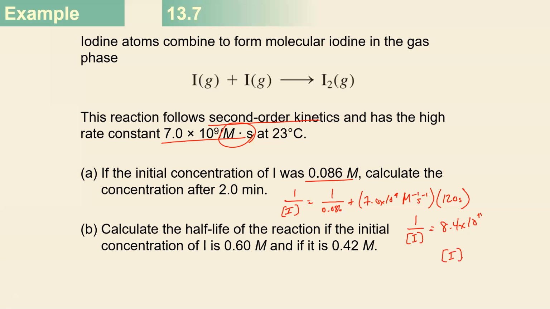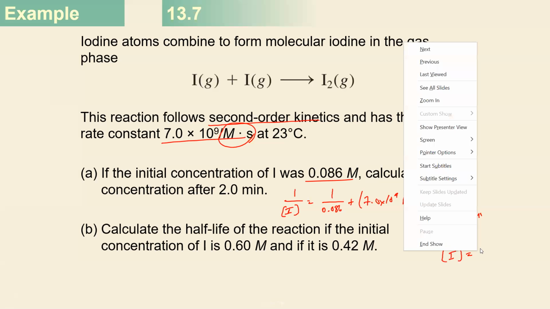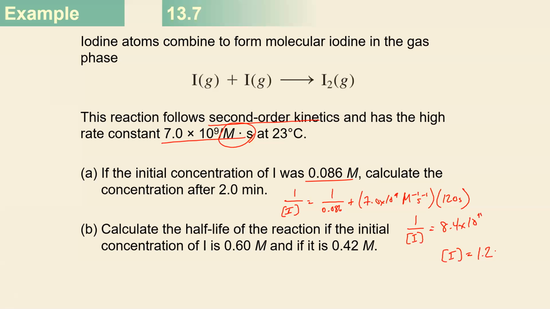And so the concentration of I is 1.2 times 10 to the -12 molar. Super tiny concentration because our rate constant was so large, right?